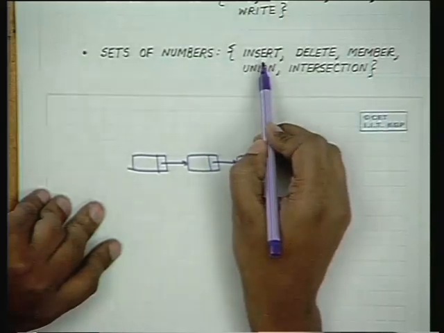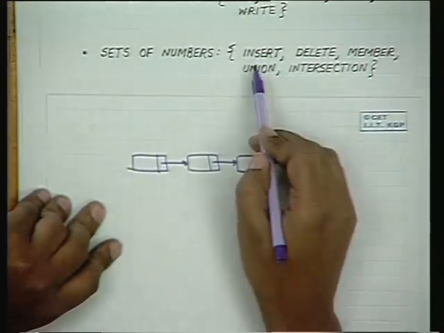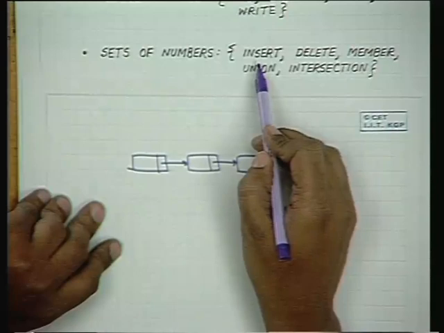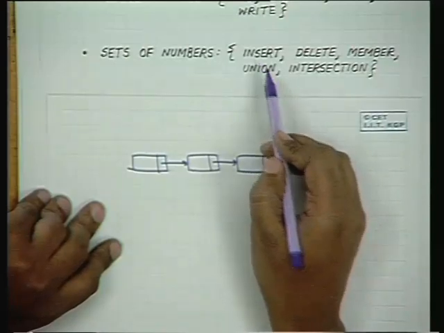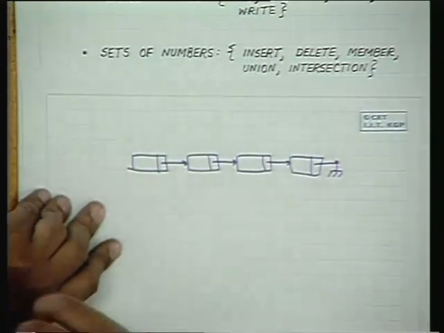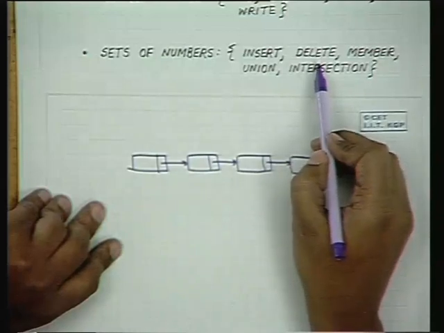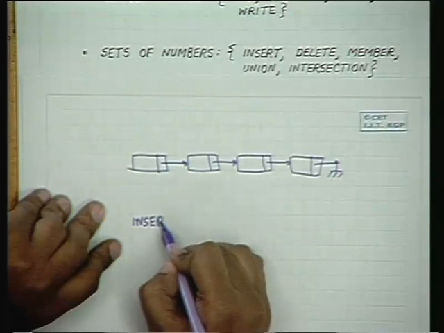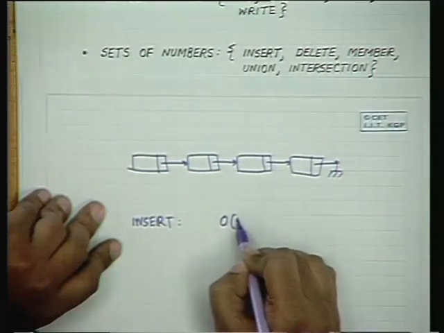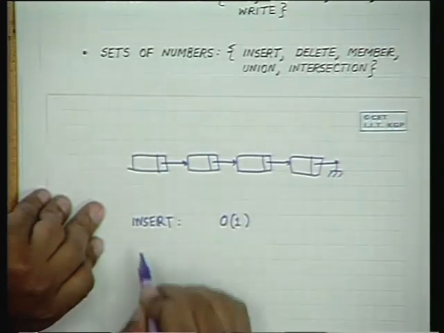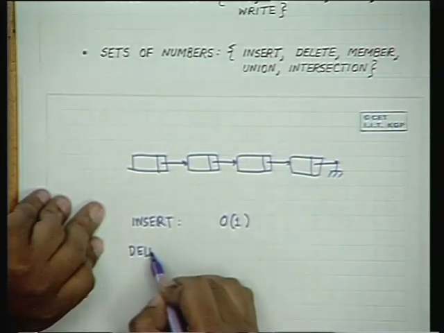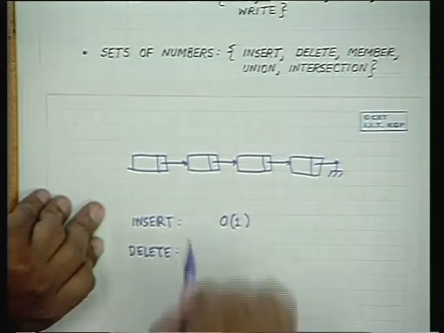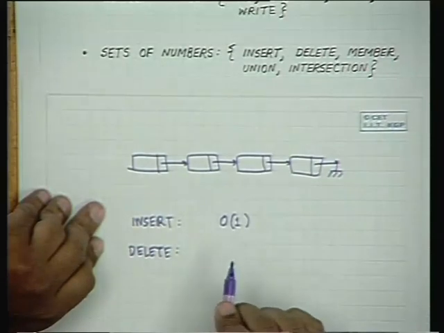So what will the insert operation take, suppose you just make a linked list? Insert operation, how much time will it take? Constant time. You can insert in the beginning, you can insert in the end, wherever you want. So insert will take order one time. Delete operation, if you give a number and ask to delete that number, how much will it take?